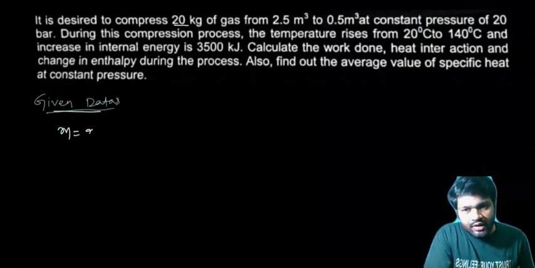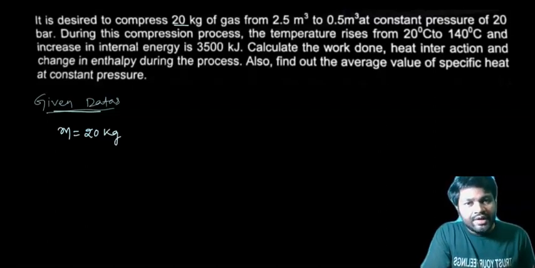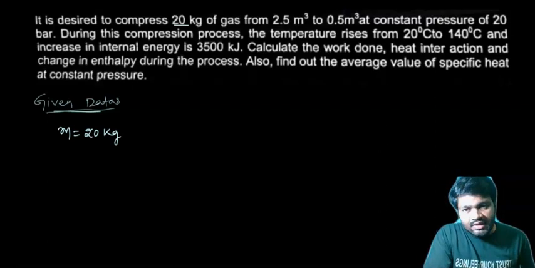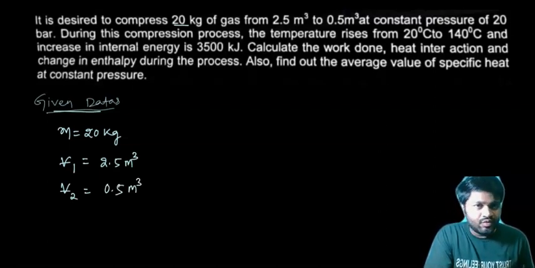So m we can write, this is 20 kg. Okay. Initial volume of the gas, that means V1, is given to us as 2.5 meter cube. Final volume, that is V2, is given to us as 0.5 meter cube.